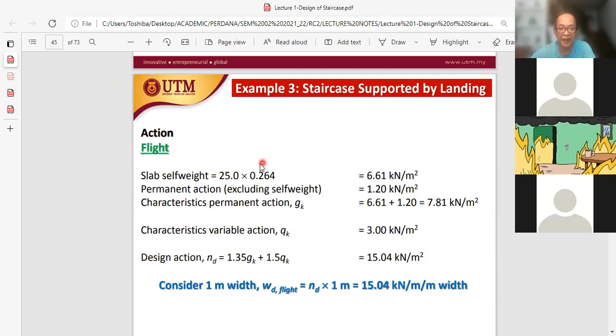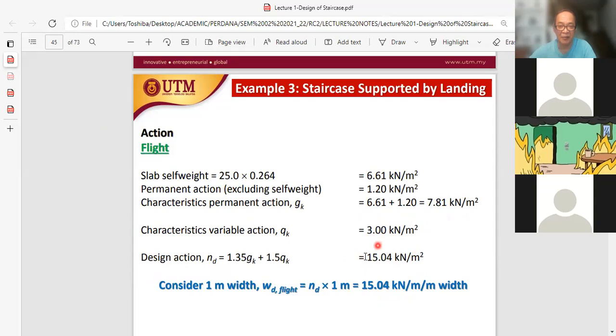We have an average thickness of 264, which gives us 6.61 kilonewton per square meter GK self weight, plus our finishes, a total net permanent load of 7.8, whereas we have a net QK of 3.0, giving us 1.35 GK plus 1.5 QK for the flight of the staircase to be approximately 15 kilonewton per square meter, or 15 kilonewton per meter for every 1 meter width of the staircase.